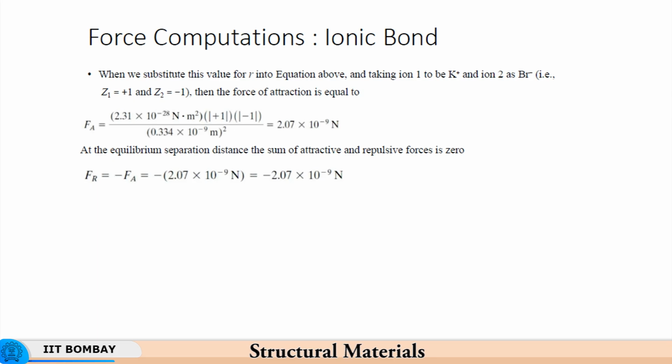Now, in a very small piece, let us say if you have 63 grams of copper, for example, you have roughly Avogadro number of atoms in it. So, 10 to the power 23 atoms. Now, these are going to be bonded with a similarly small force, but when these are bonded together with so many neighboring atoms, then the strength of the aggregate becomes extremely large.